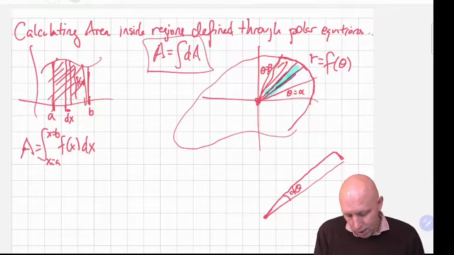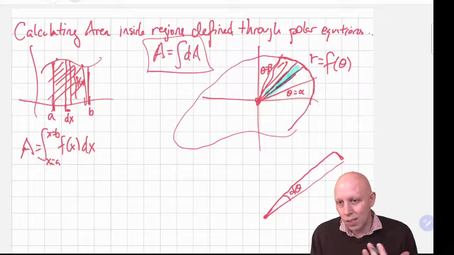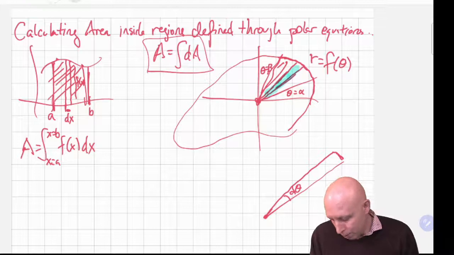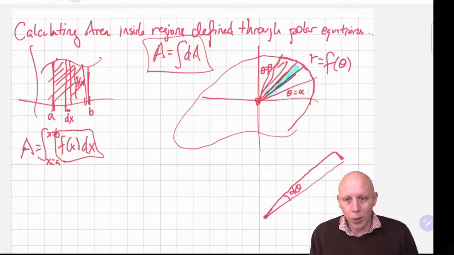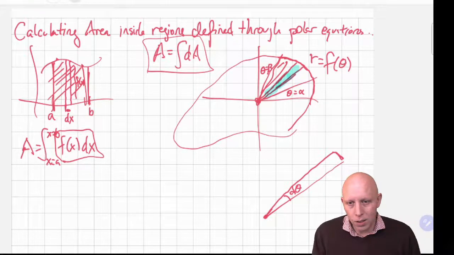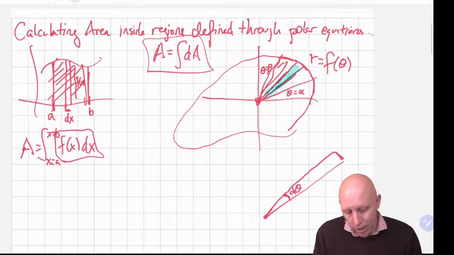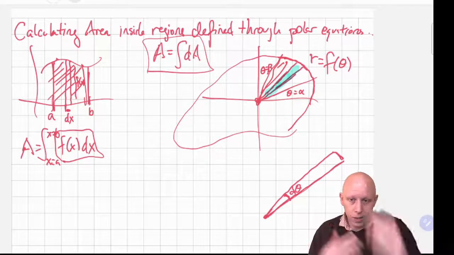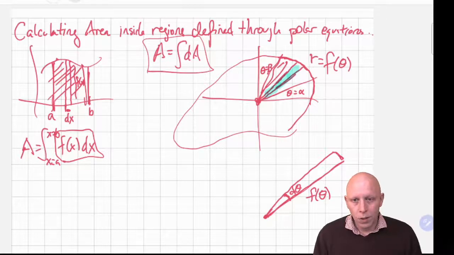Well, this is no longer a rectangle, and because it's not a rectangle, we can't use the formula f of x times dx, because that was our length times width. Now we're in one piece of a circle, where the angle of the circle is d theta, and the length of this circle is f of theta, or r.